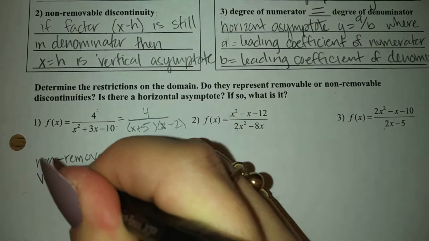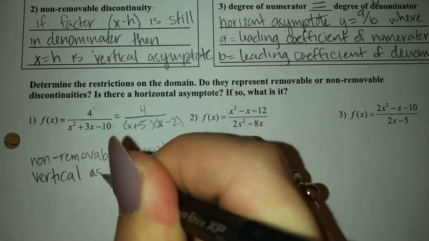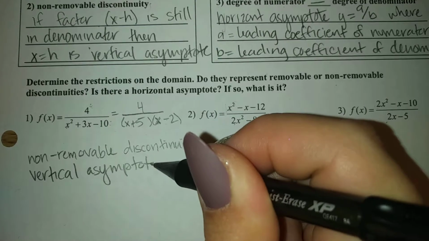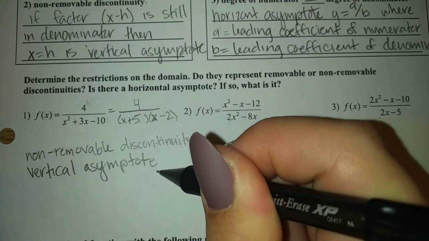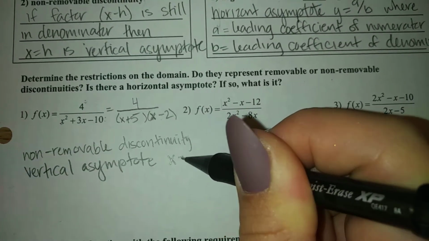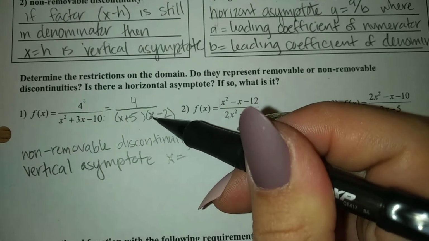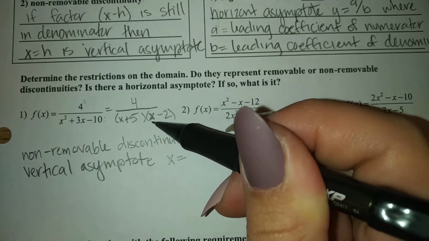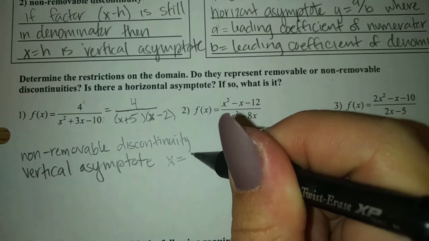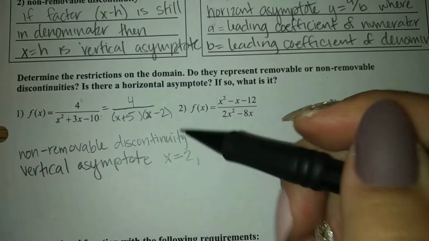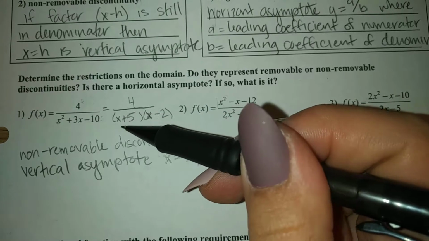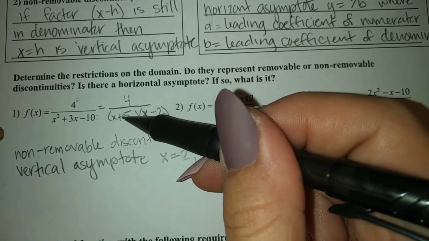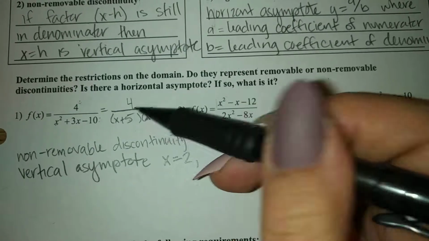So we'll say our vertical asymptote is at x equals, in order for this expression to equal 0, x would have to equal positive 2. And for this expression to equal 0, or to find what h truly is, we know that the h is negative 5.